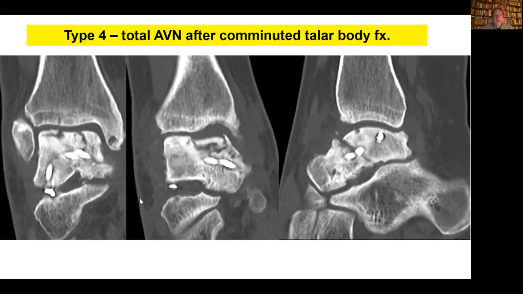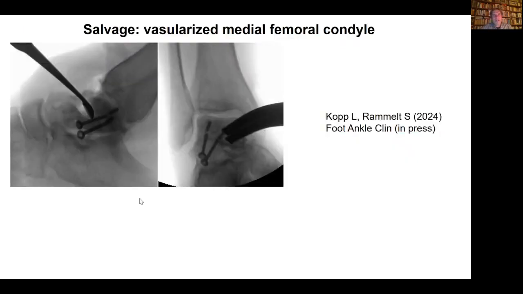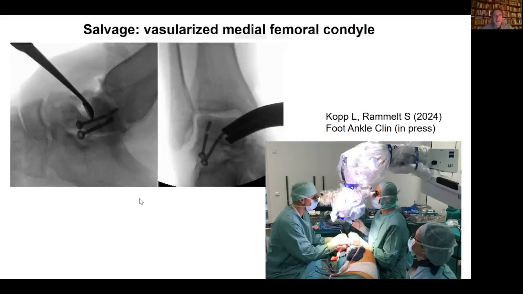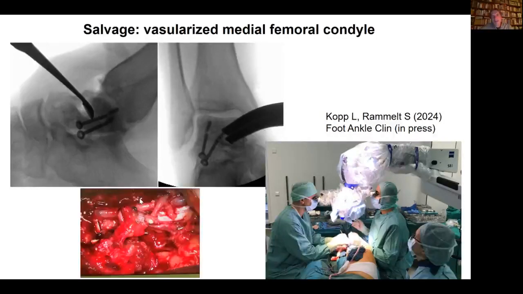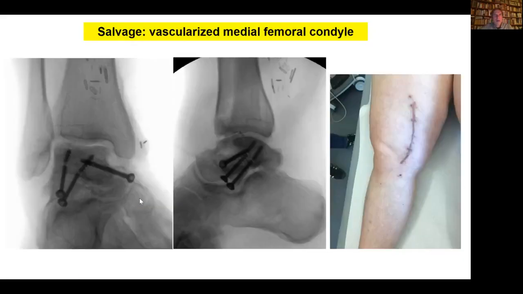And so at that point in time, we teamed up with our vascular surgeons. We tried to lift up that portion that started coming down. And our colleagues from vascular and plastic surgery did a free vascularized femoral condyle graft and put it in, which we just then fixed with a screw.